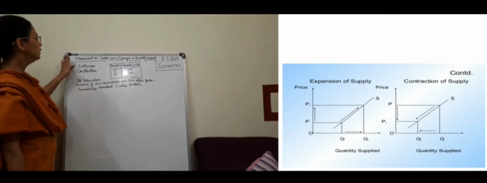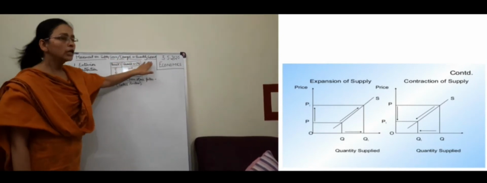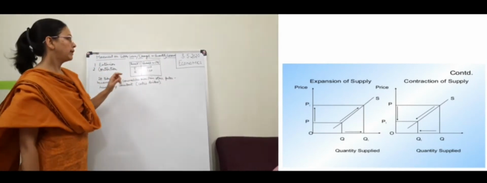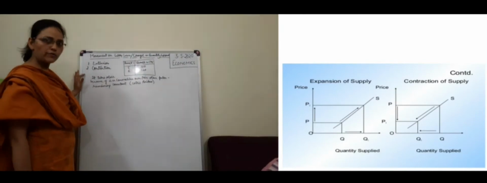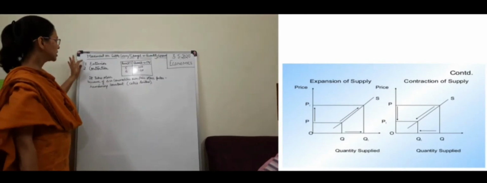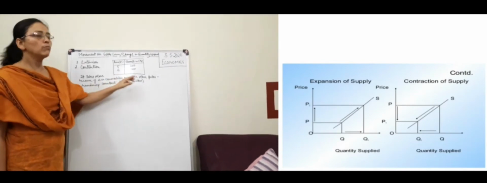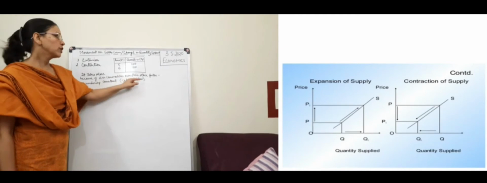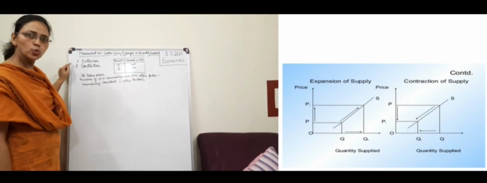First type is movement on the supply curve, or we can also call it change in quantity supplied, right? It happens in two directions, extension and contraction. The reason for this extension and contraction, or movement, is the price of the commodity itself. When the price of the commodity changes, the change takes place in these two forms.